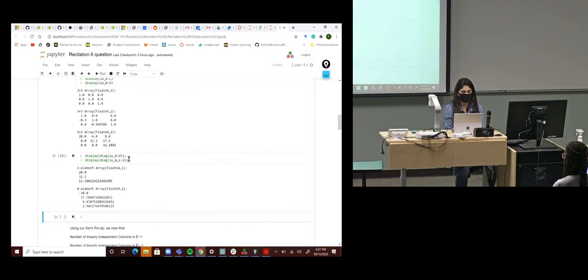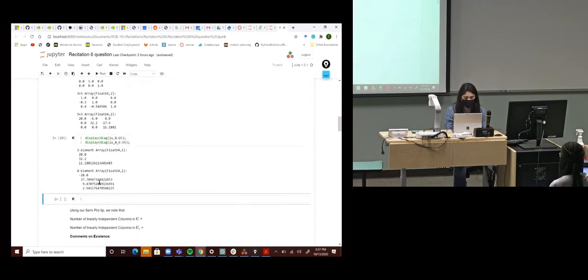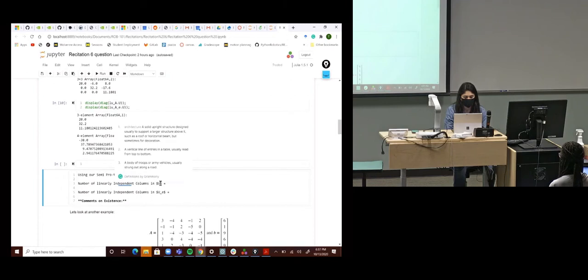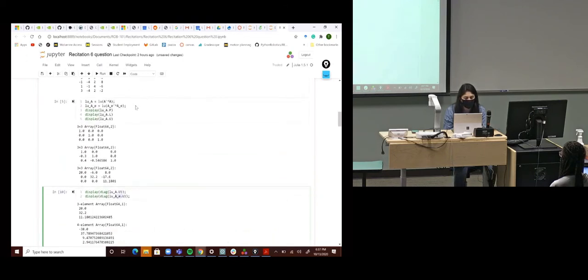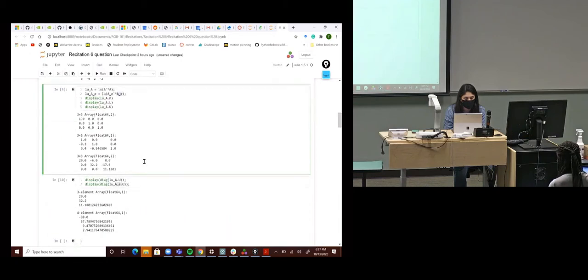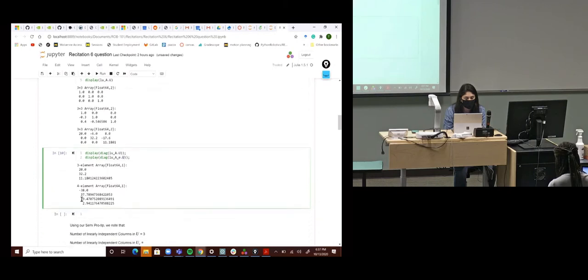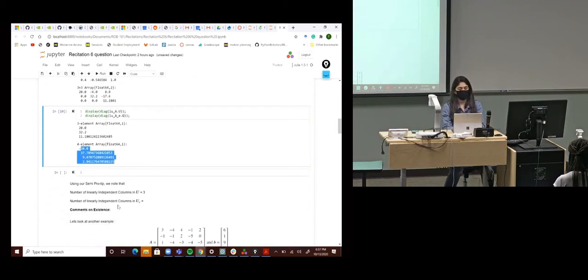So we know the K is 3 for U. So the number of linearly independent columns in U is 3, right? Now I want to find the number of linearly independent columns in AE. So we did the LU factorization of this thing, and we looked at the diagonal elements of the U matrix. When we look at it, there's no zeros, right? So in this case, what do you think the number of linearly independent columns is in UE?